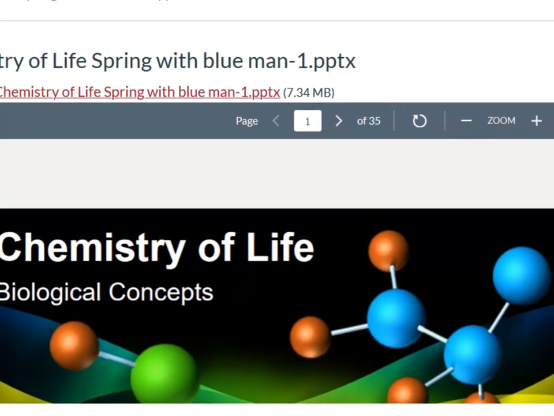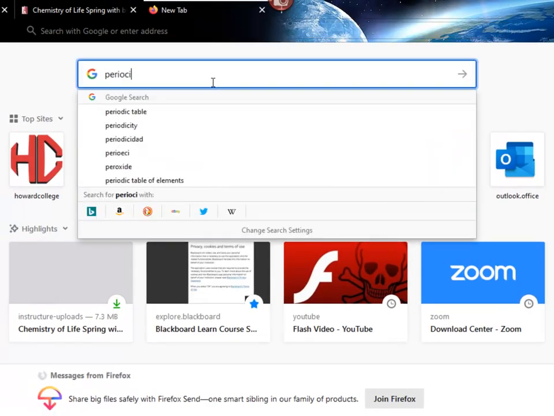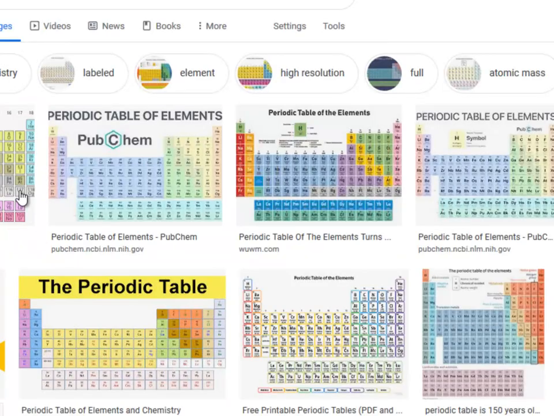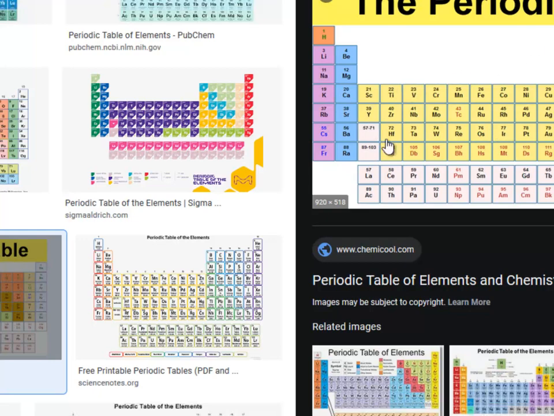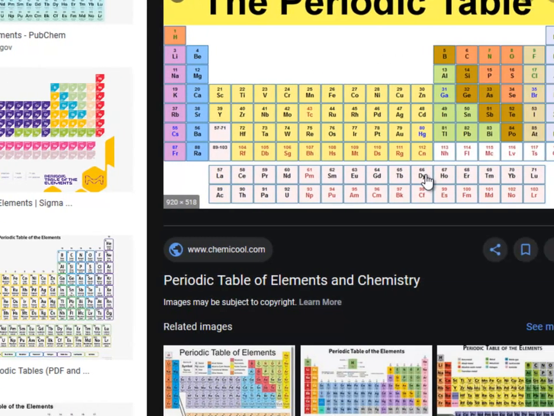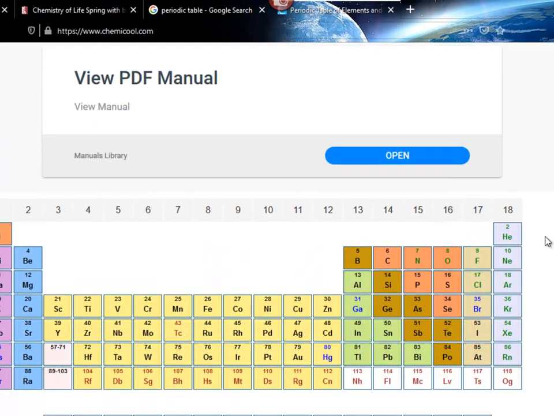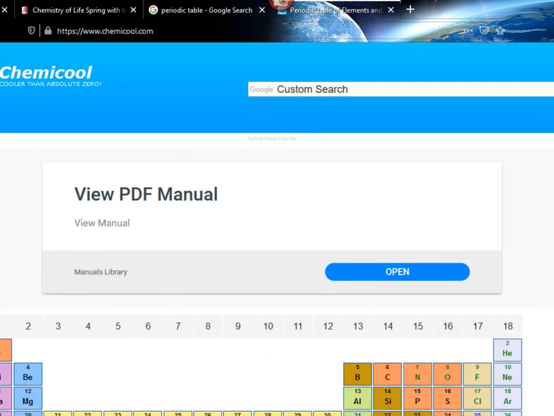I'll try to do this quickly. So, periodic table. I really thought I had one on my PowerPoint. There they are. I think this is one I've clicked on before. It's a little bit of an interactive one. There's the periodic table. So you have all the elements. This happens to be a pretty simple one. I will point out one thing, and I believe this is one that's interactive. Yeah, it is. You can click on these different things.